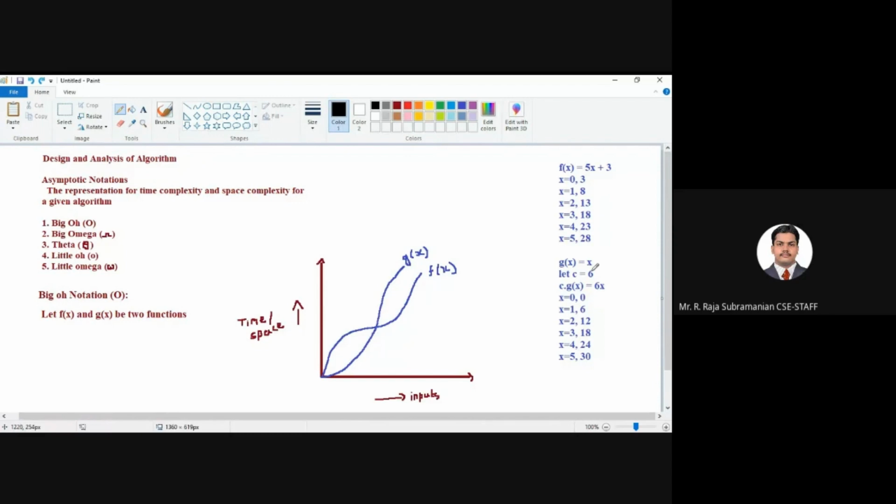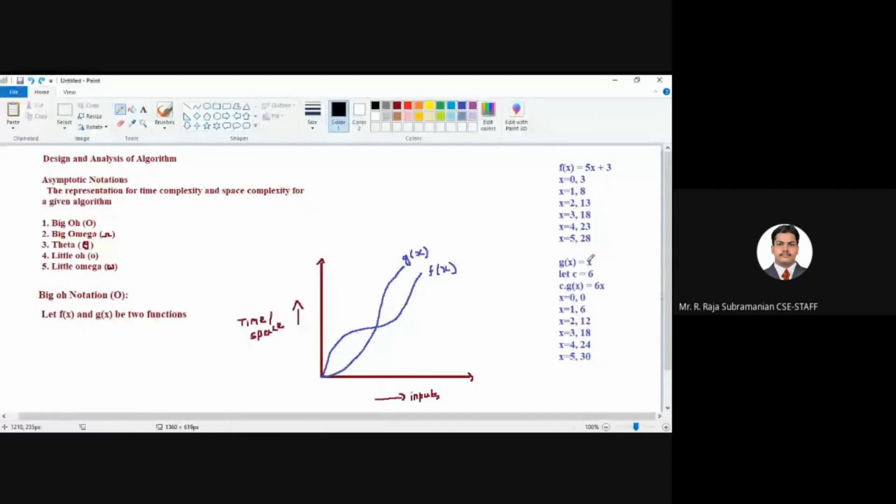Why are we putting c? If you give me any function, I cannot always make that function greater than f of x. I need some help. That help is c. For example, you give me two functions, say 100x and 2x. We know that 100x will always be greater than 2x.